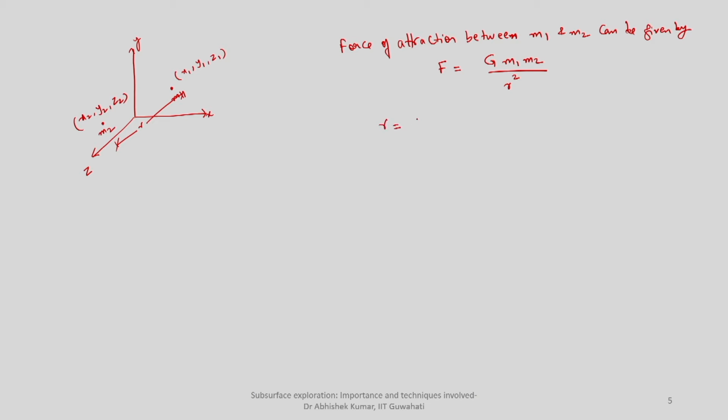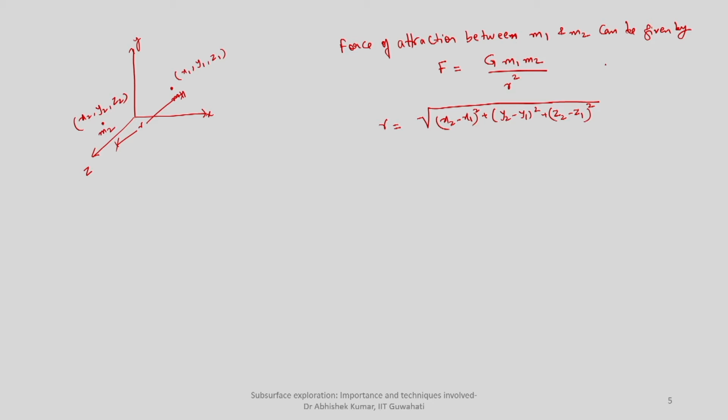So, the value of r can be understood as x2 minus x1 whole square plus y2 minus y1 whole square plus z2 minus z1 whole square, that we can get from the geometry.